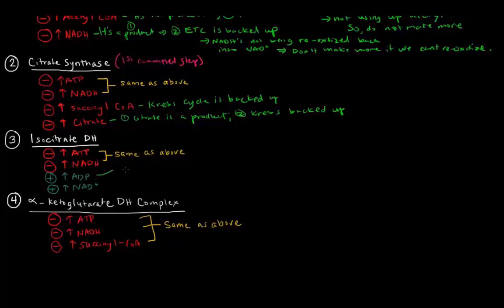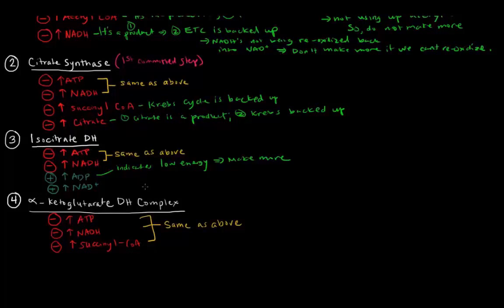What do high amounts of ADP indicate? If high amounts of ATP indicated high energy, high amounts of ADP means that the ATPs have been used up. This indicates low energy, right? So if we have low energy, we want to activate the Krebs cycle so that we can make more. It makes sense then that this would be an activator of the process.